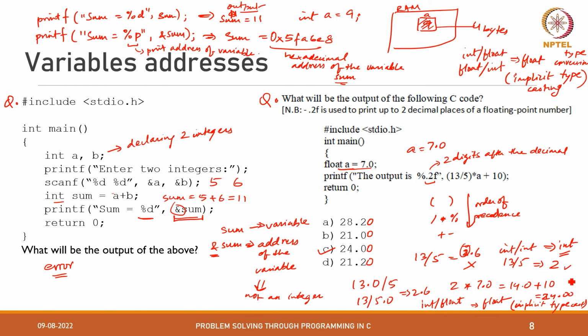The decimal part was ignored completely, and then it multiplied with a. A is 7.0, so it multiplied int with a float, which resulted in a float. Now it again added up with the int, so the answer was still a float because float is a higher data type, like I said. So the answer here will be 24.00.